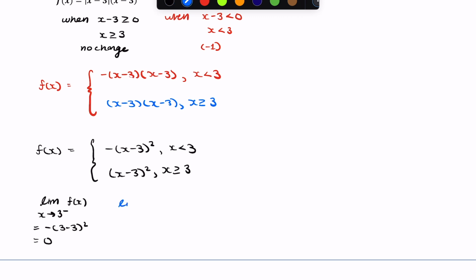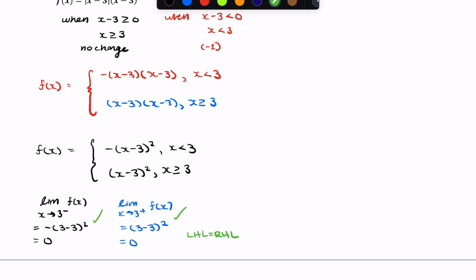We look at the limit as x approaches 3 from the right of f of x. Here we see that's equal to (3 minus 3) squared, which is also equal to 0. Therefore, we see that the left-hand limit is equal to the right-hand limit.